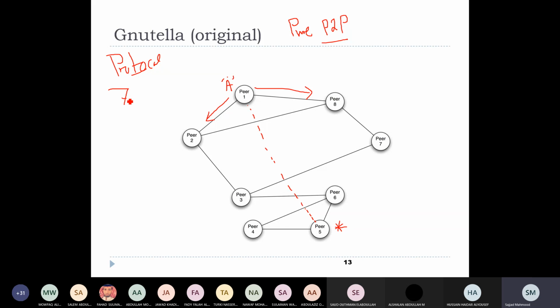It will look for a maximum of 7 hops. So this is 1 hop, 2nd hop, 3rd hop, 4th hop, 5th hop, 6th hop, 7th hop, and it will look for 7 hops. And if it's not able to find it in each direction, then it will say that, well, at the moment we don't have this file.